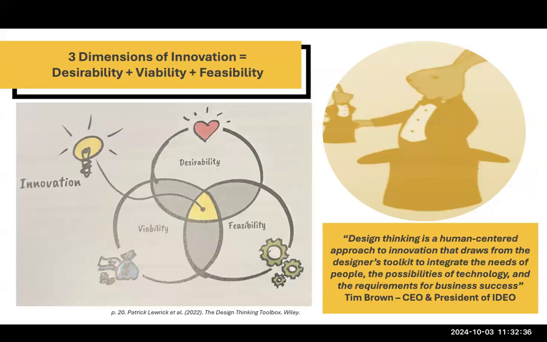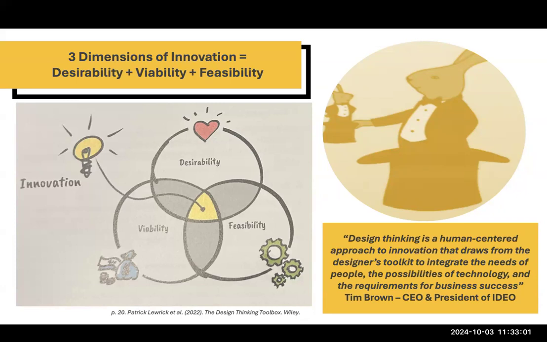When we think about innovation and design thinking, it's important to think of three critical things. Is this desirable? Is this change that we're talking about something that the end users desire, want? Does it delight them? Is it something that they're like, yes, this really improves my life? So desirability is a really important domain. Is it viable? Can it actually be done with the money that we have?